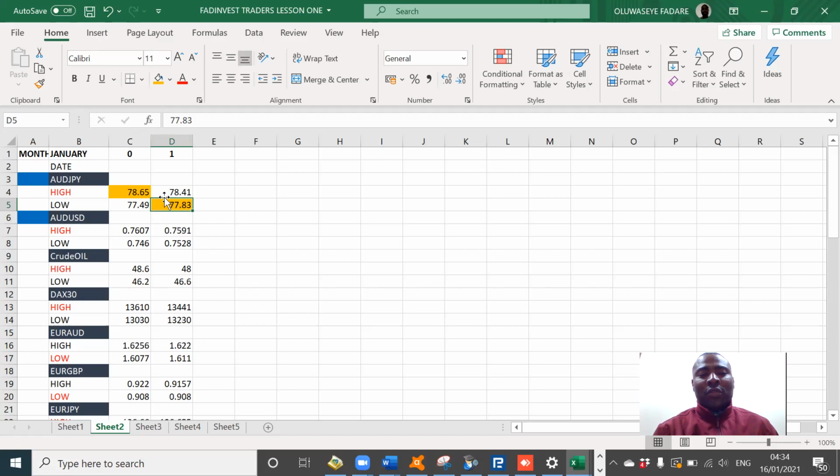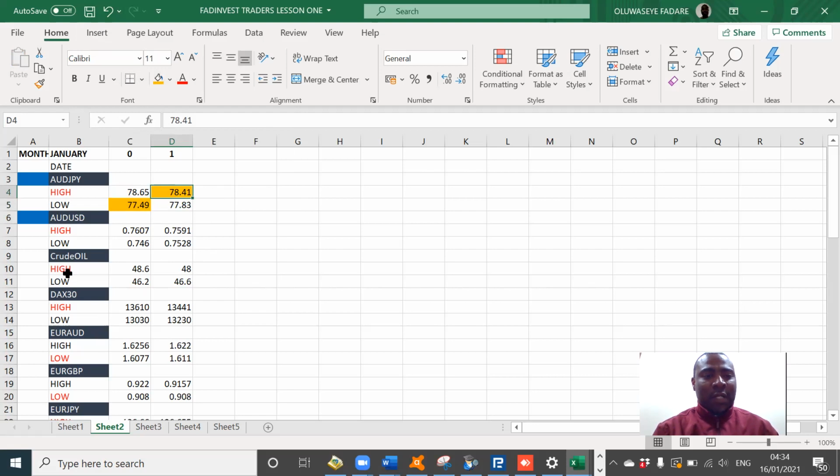The third option is that if we decide to choose low on day zero, then automatically our day one will go for the alternative position, which is the high. So any one of them is fine, so far we follow the trend. But after these first 2 days, then we follow the next trend.